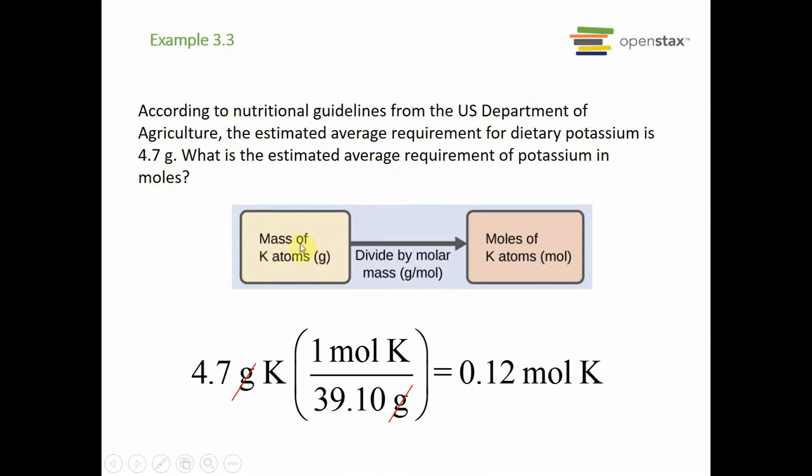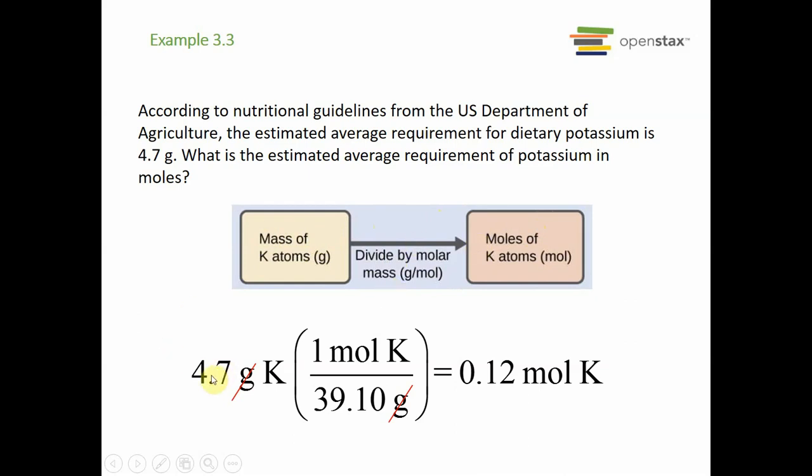So you have mass in grams, divide by the molar mass, it gives you moles of potassium. So this is converting grams to moles. You divide by the molecular weight, or in this case, the atomic weight. Since the formula is an atom, it's the atomic weight.